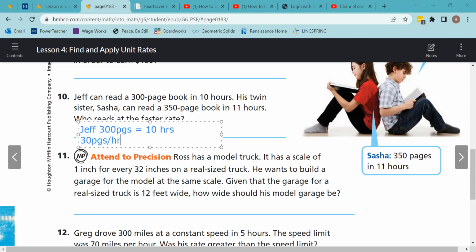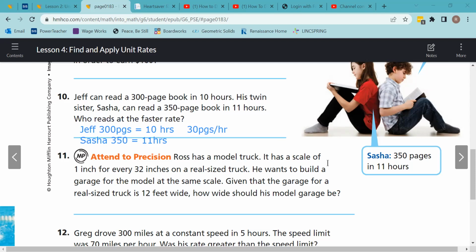His twin sister, Sasha, showing my work here. Sasha reads 350, and that equals 11 hours. I don't know what 350 divided by 11 is, but we need to divide both by 11 to get it down to 1 hour. Handy dandy calculator, 350. It's like back to Blue's Clues, you guys, for ratios. 31.818.